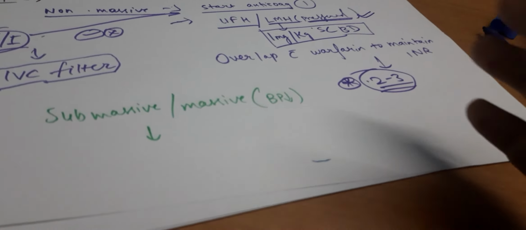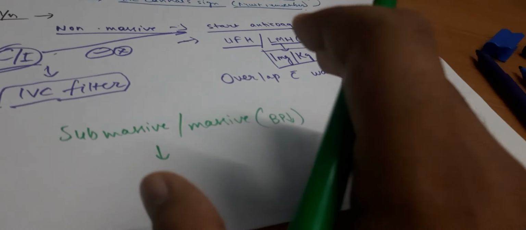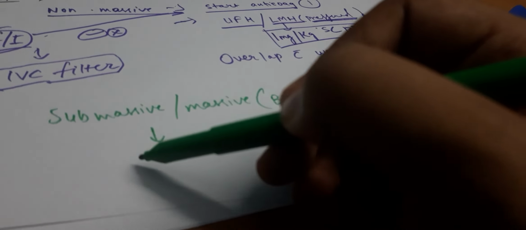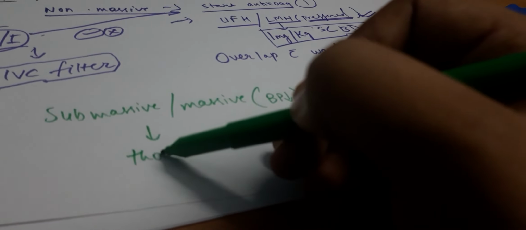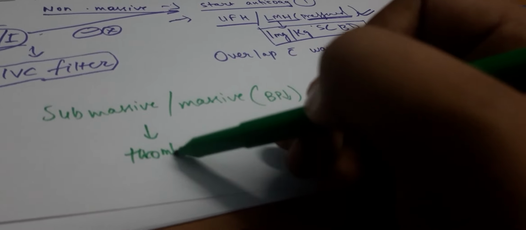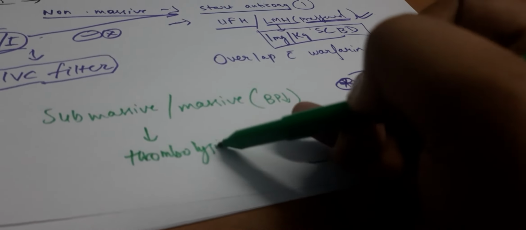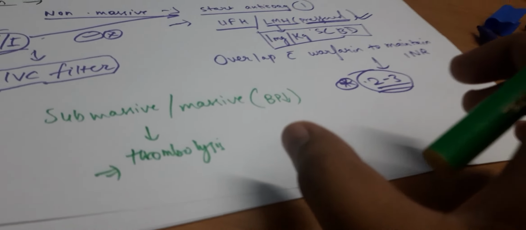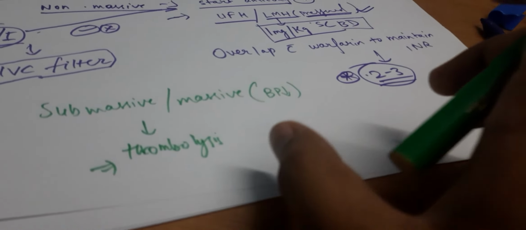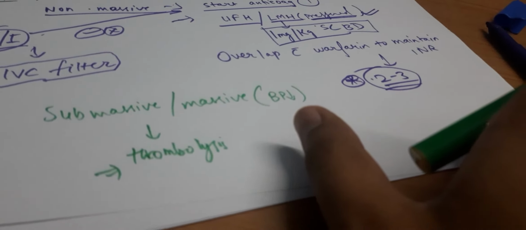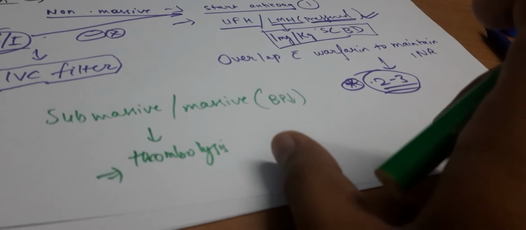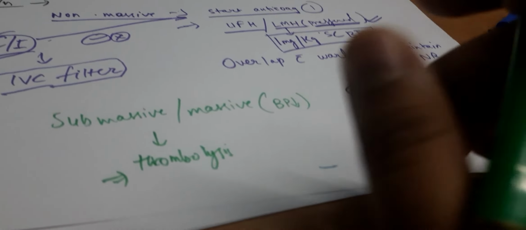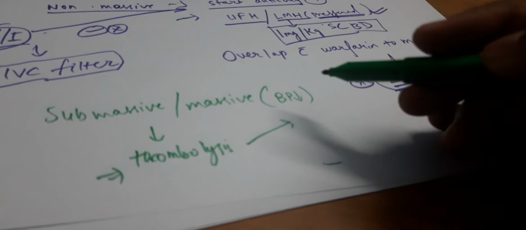All right, in the case of extensive clot burden, you have to thrombolyse the patient. So thrombolysis is one of the options. Thrombolysis is the indication if there is an extensive clot burden, like in massive thromboembolism. And thrombolysis is of two types.